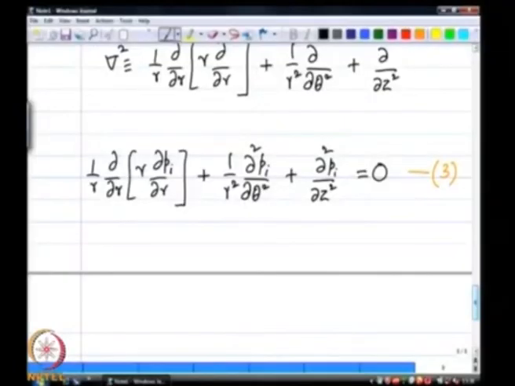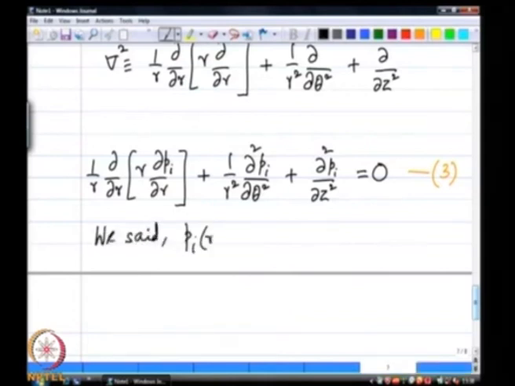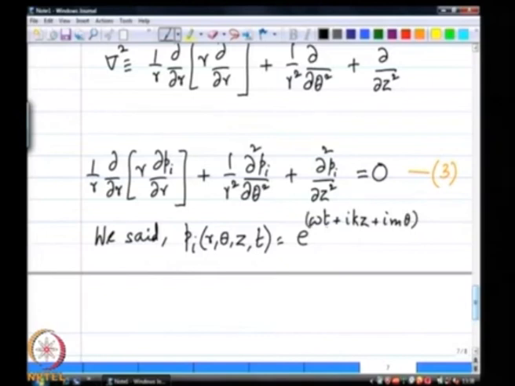At this stage, we introduced what we call the normal mode expansion, correct. We said we will write P I as e power omega t plus I k z plus I m theta.